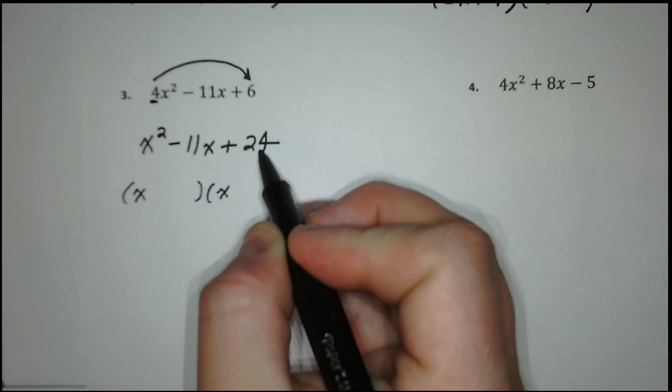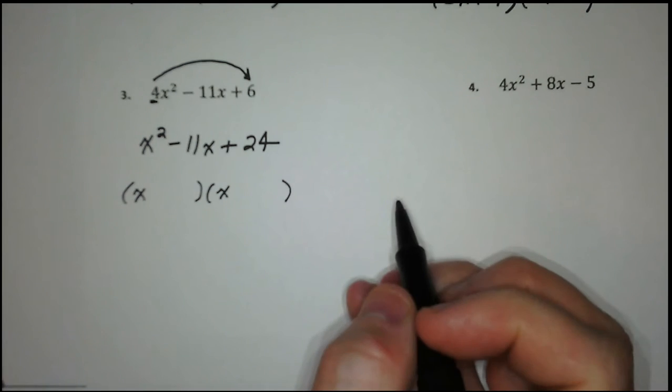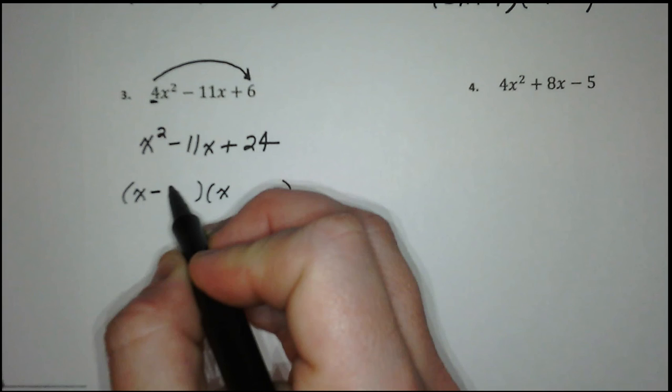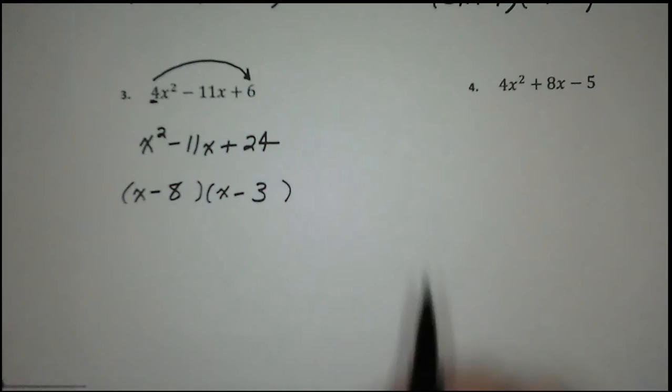Anyway, the two numbers that multiply to get positive 24, but also add up to negative 11 are, of course, negative 8 and negative 3.